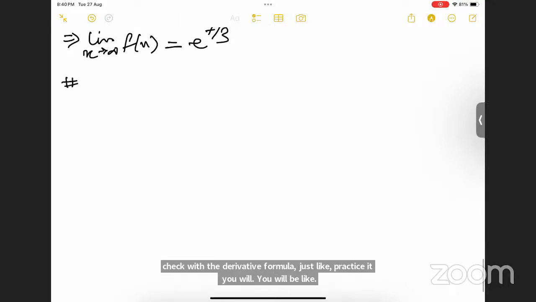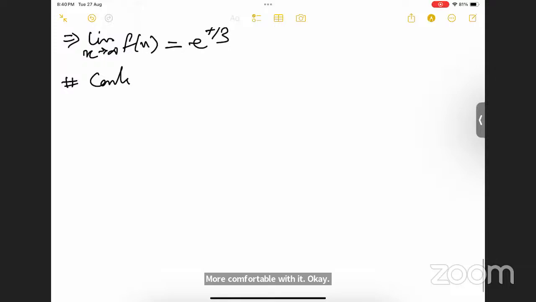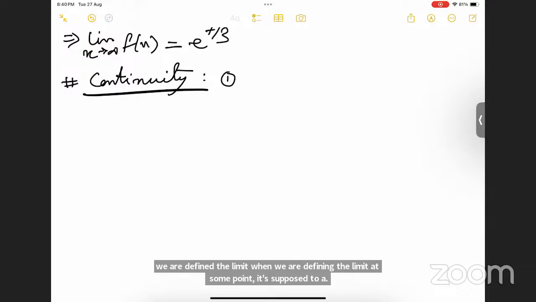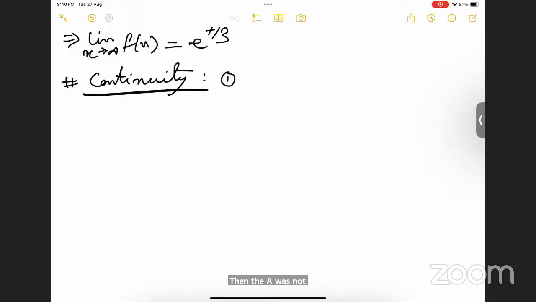So let us start with continuity. What is the first condition? When we are defining the limit at some point x equals a, the a was not necessarily in the domain, right? We can define a limit at a point which doesn't belong to the domain.